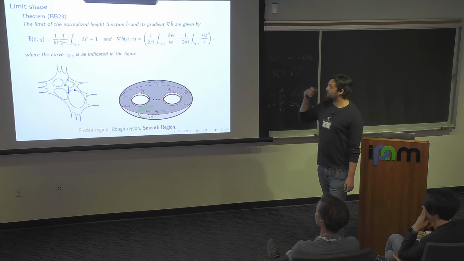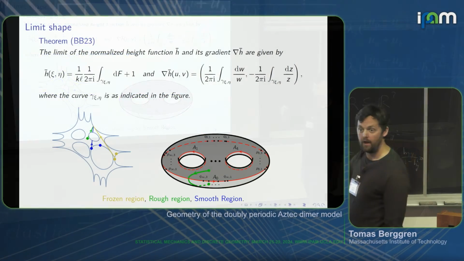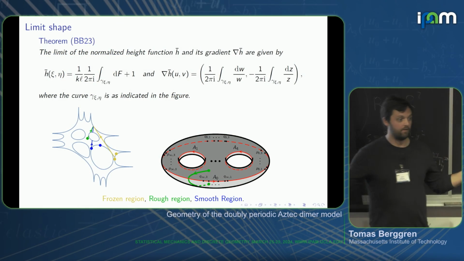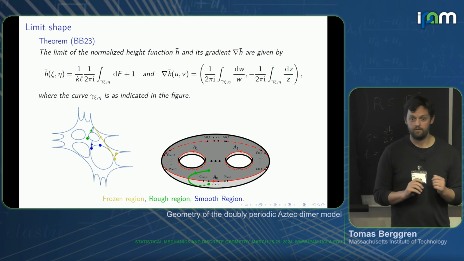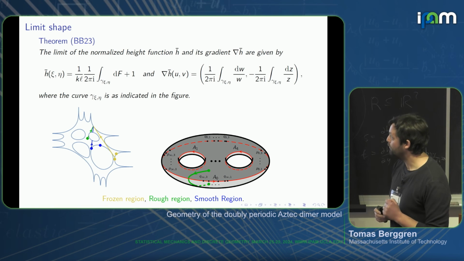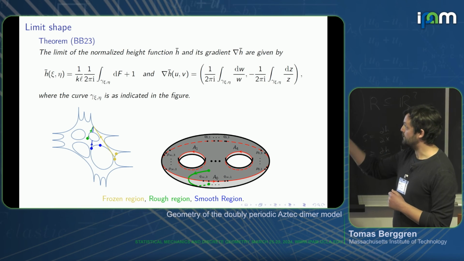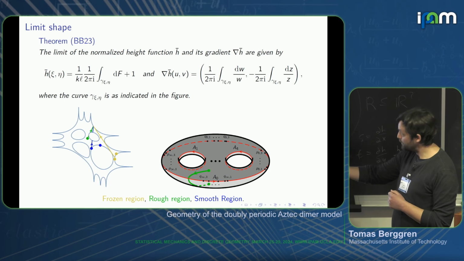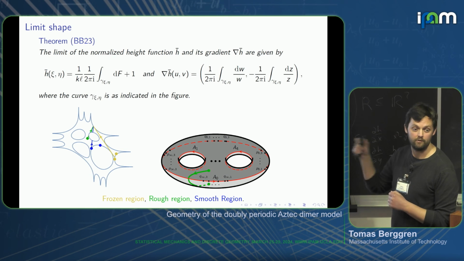And we get an explicit expression of the height function in the limit. So if you take this height function, you take the size of the Aztec diamond to infinity, we get a limit which is an explicit expression in terms of this action function.